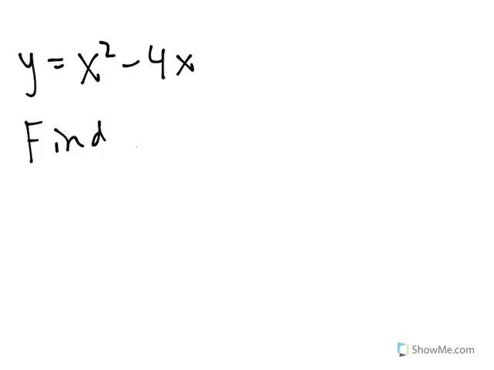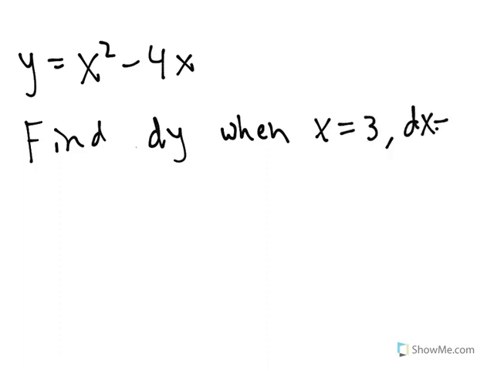Instead, I'm going to say find dy. So you're going to move that dx to the other side when you're given specific values of the other stuff. I'm going to tell you that in this problem, x equals 3 and dx equals, I told you it would be a small value, so let's use 0.5 as our dx.